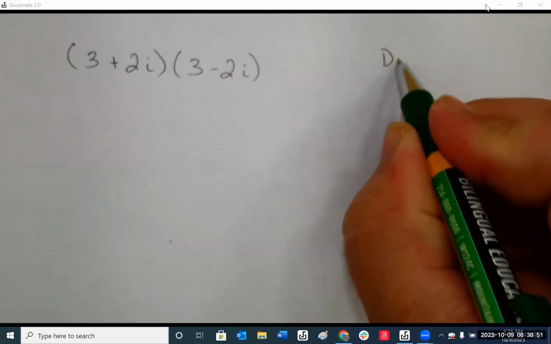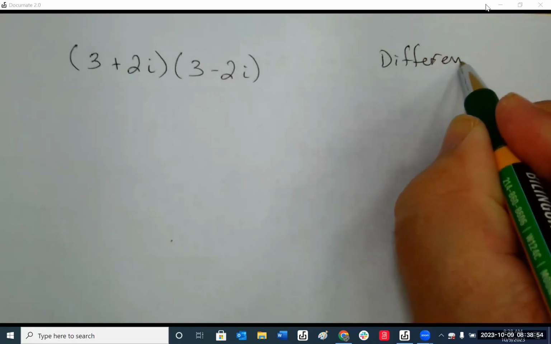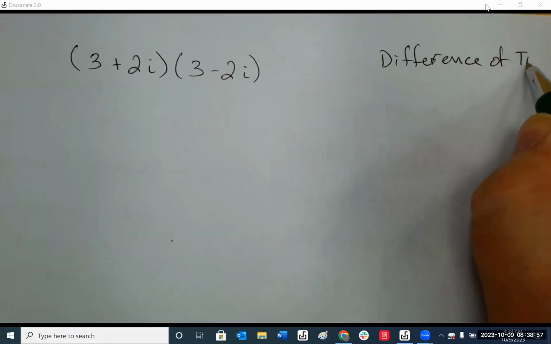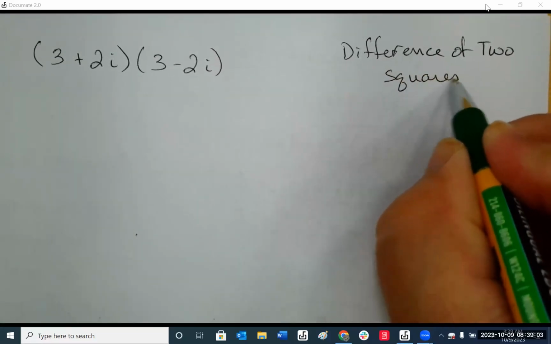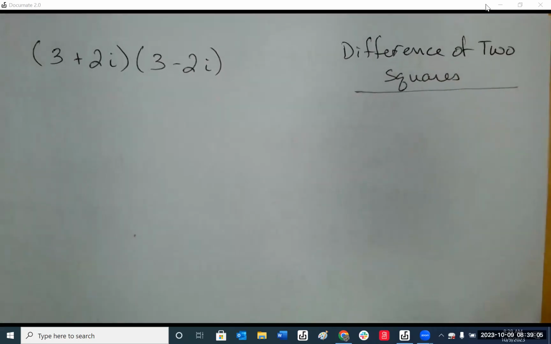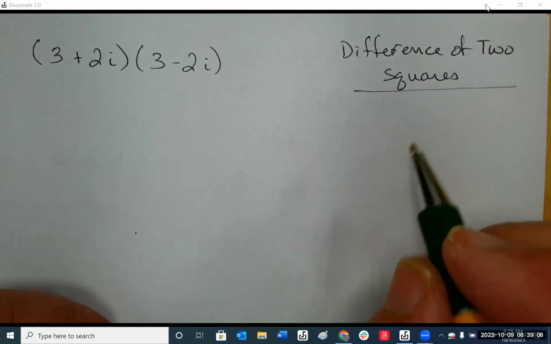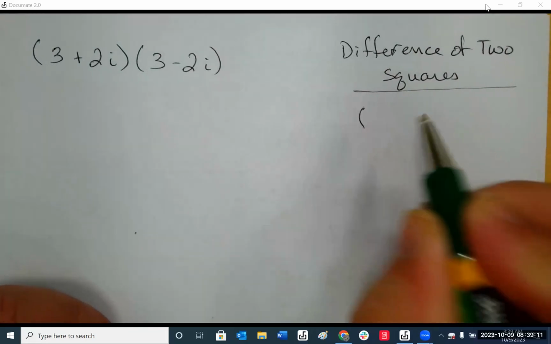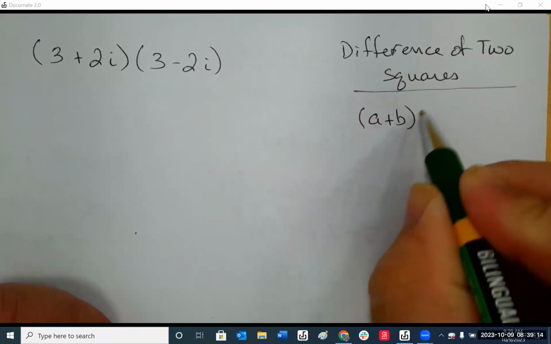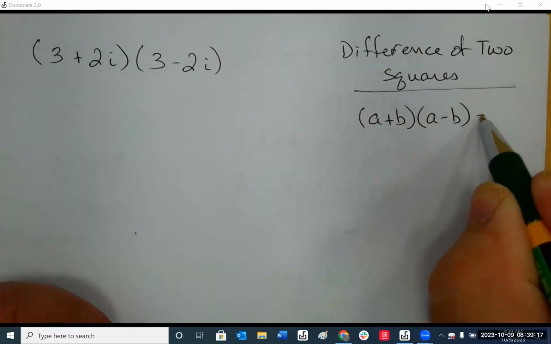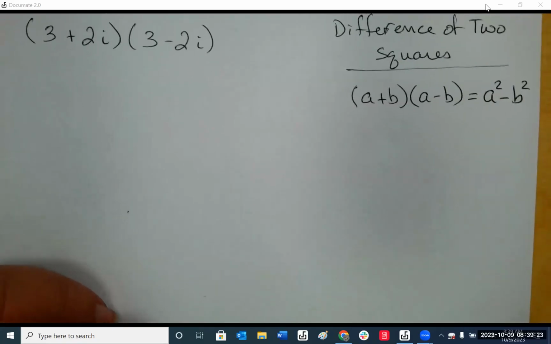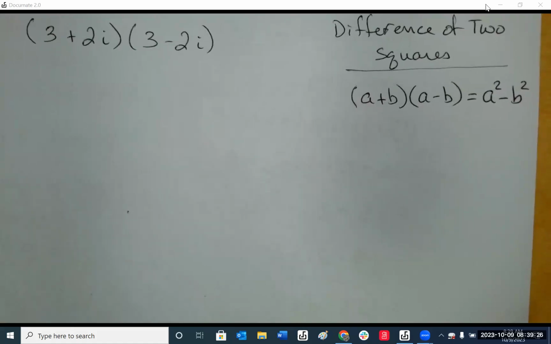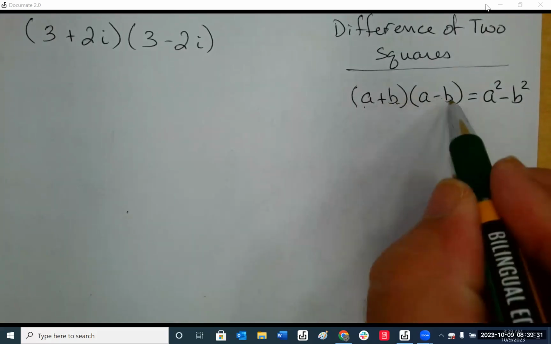It's called the difference of two squares. A plus B times A minus B becomes A squared minus B squared.